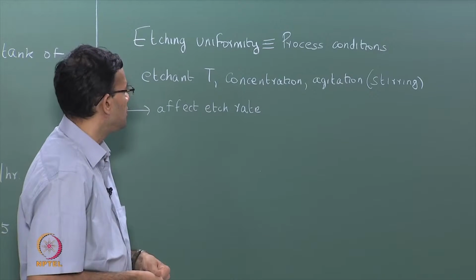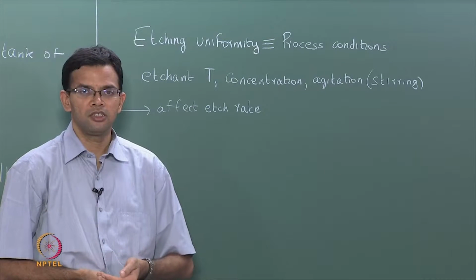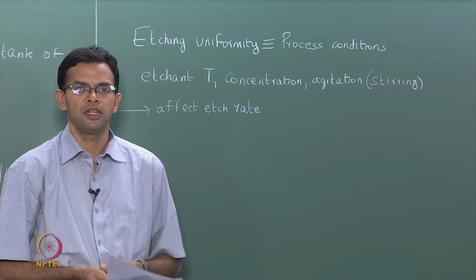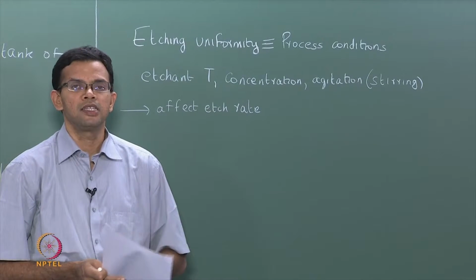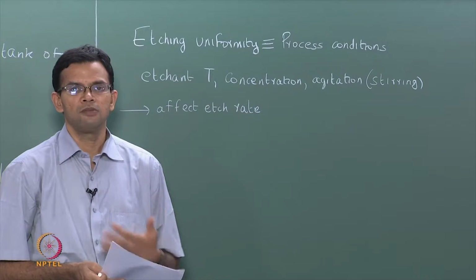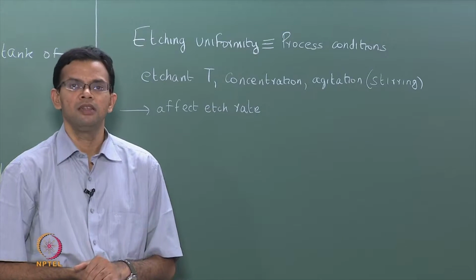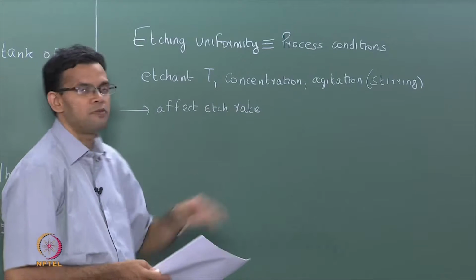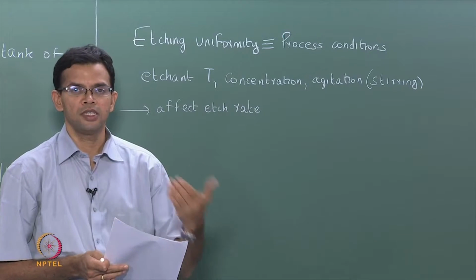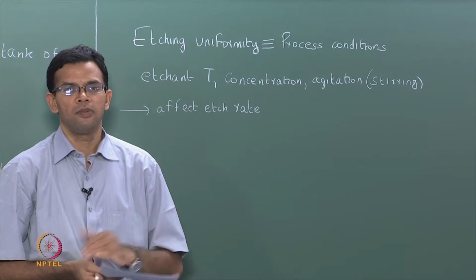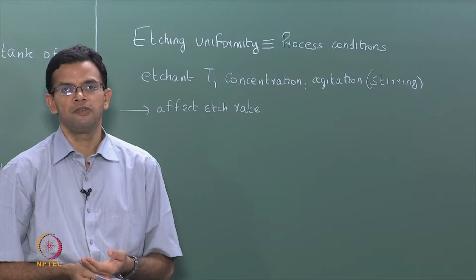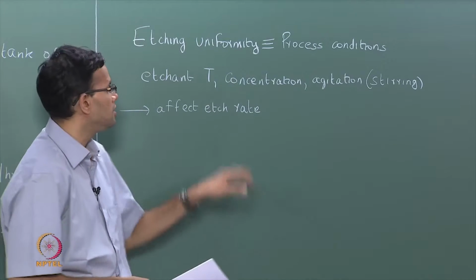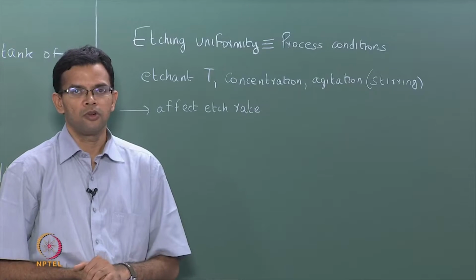Similarly, if for some reason the etchant temperature is not constant but keeps fluctuating, that will again affect the etch rate. So usually some sort of initial experiments are done for different values of these numbers in order to fix an etch rate for the material before the actual wafers are used. And again, these depend a lot upon the process conditions.